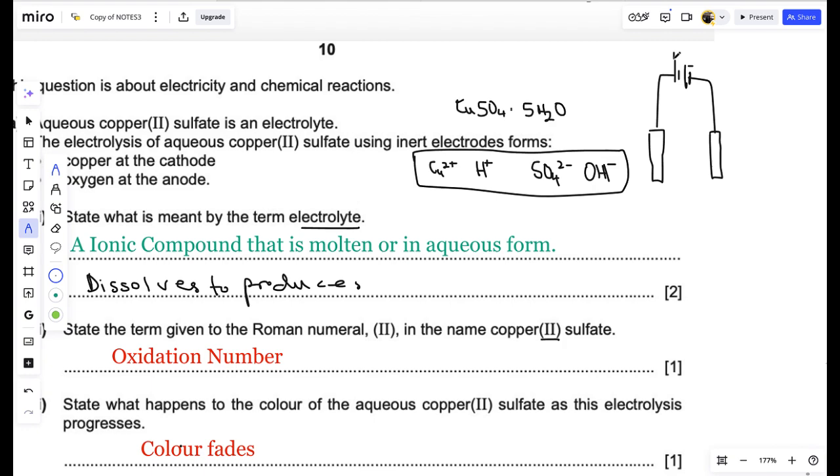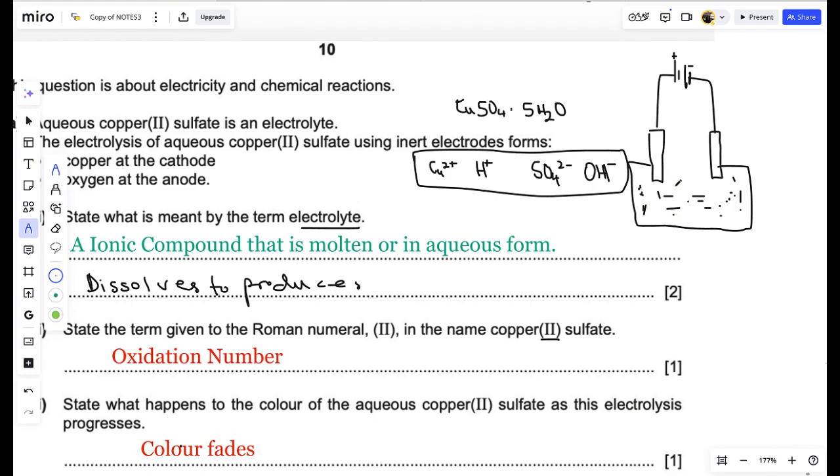This is the positive side of the battery. This is where you have your ions, the electrolyte, which is in molten form or in aqueous form. So these 4 ions are inside here.